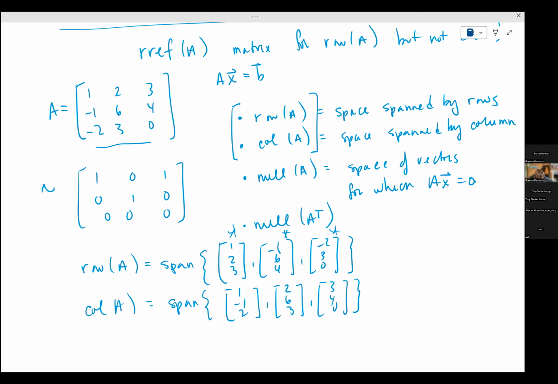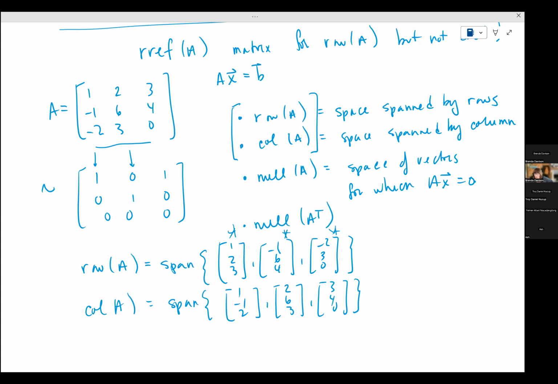In this case, what is the dimension of the row space? 2, absolutely. And what is the dimension of the column space? 2. No, it's not 1. It's 2 because we have 2 linearly independent columns.